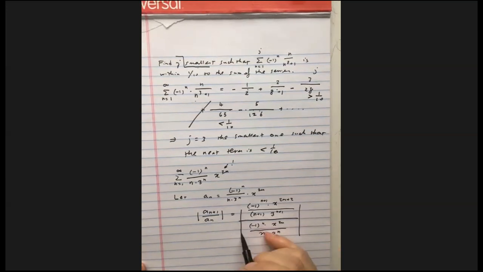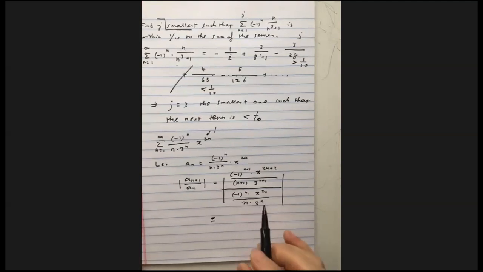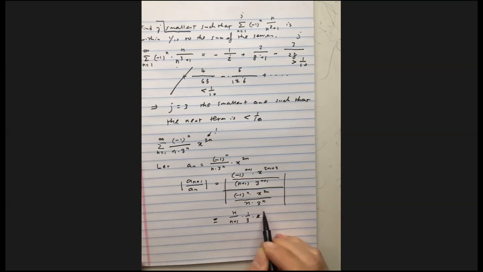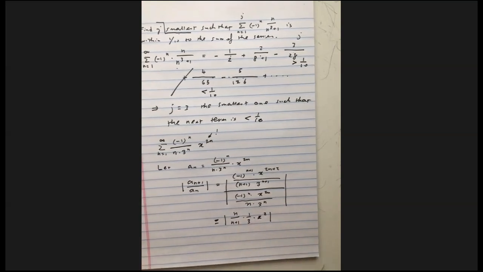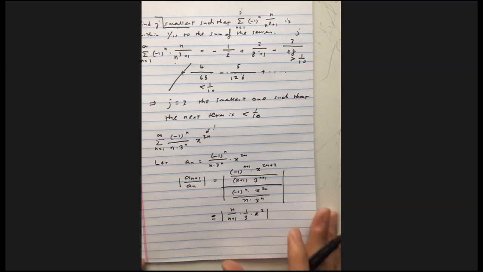Which equals n over n+1 times 1 over 3 times x squared. So this is what you get when you take the absolute value of the ratio using the ratio test.